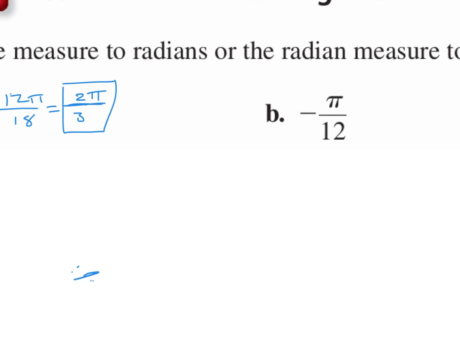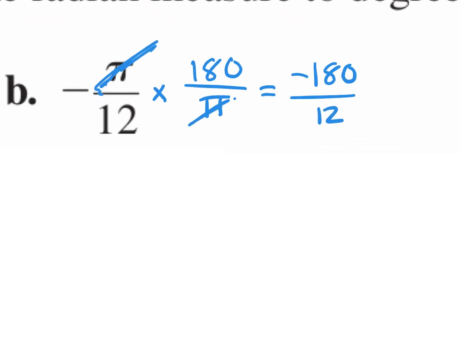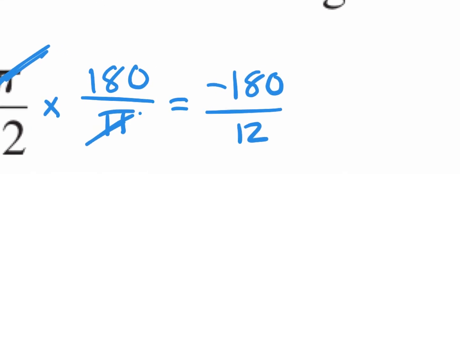All right, let's look at B. Is this in degrees or radians? This is in radians. So how do we convert it to degrees? Multiply it by 180 over pi. So the pi on top cancels out with the pi on the bottom. So we just have negative 180 over 12. How can we simplify negative 180 over 12?